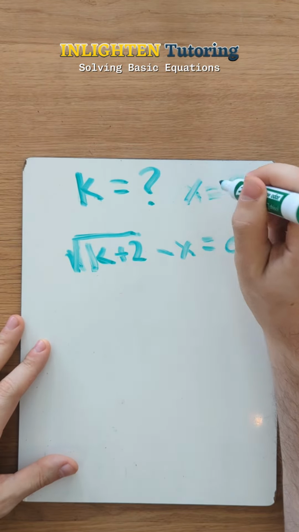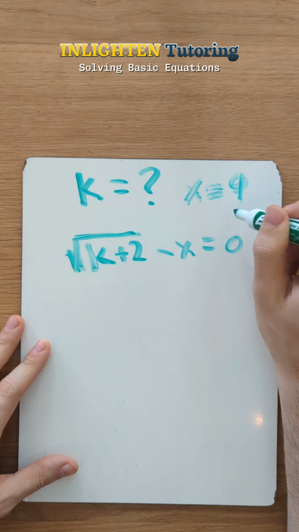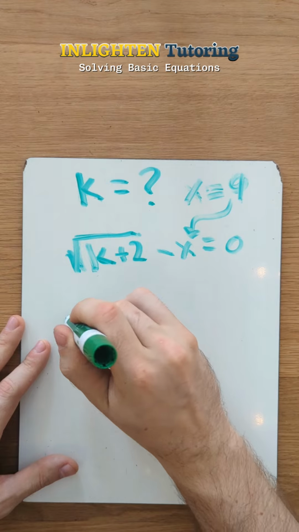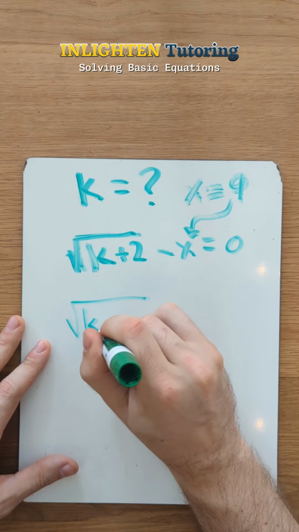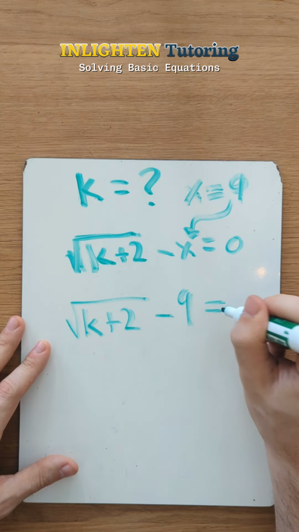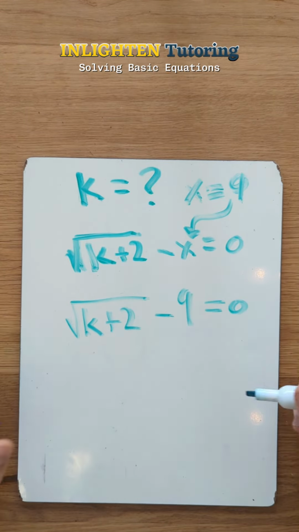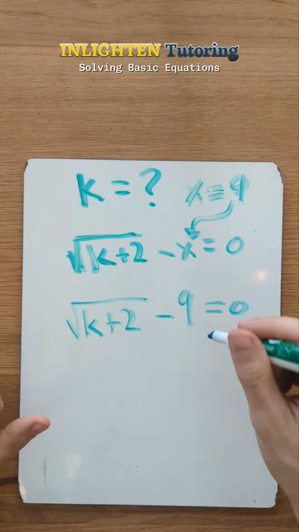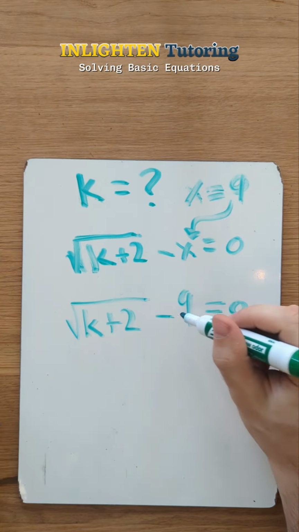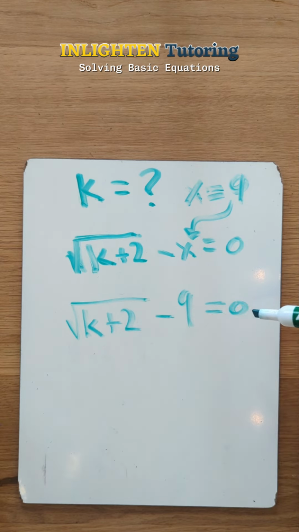Since x is a variable, we're going to plug that number in for x here. So I get square root of k plus 2 minus, instead of x, now I have 9, equals 0. My goal here is to isolate k. That means the 9 is the first thing I remove. Now, an equation is perfectly balanced, meaning that in order to move something over, I must apply a balanced change.